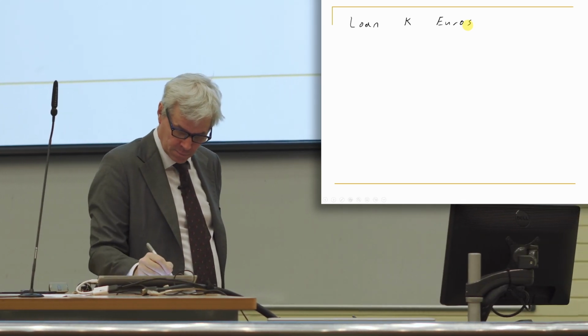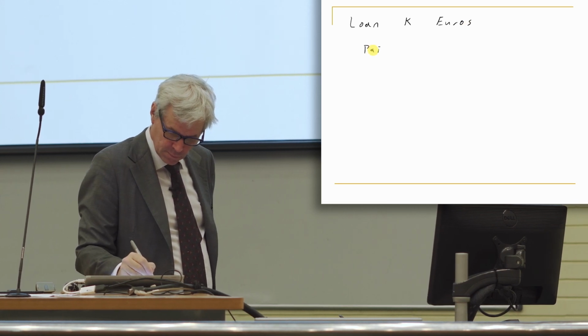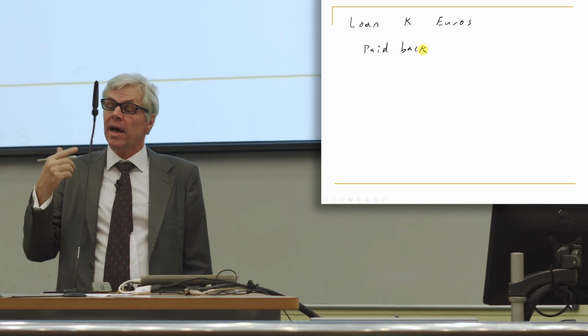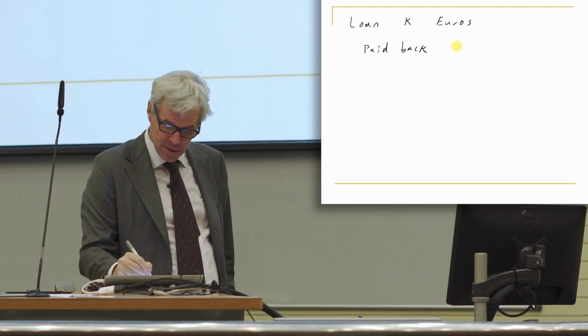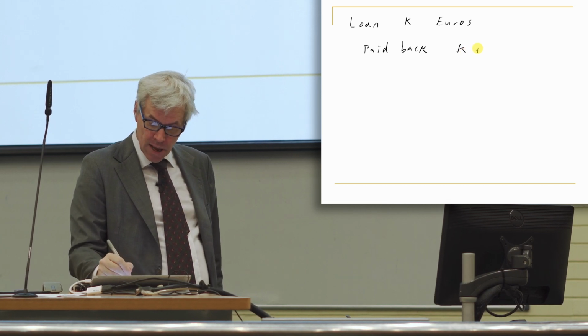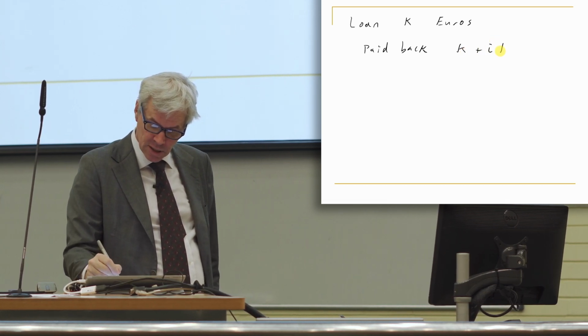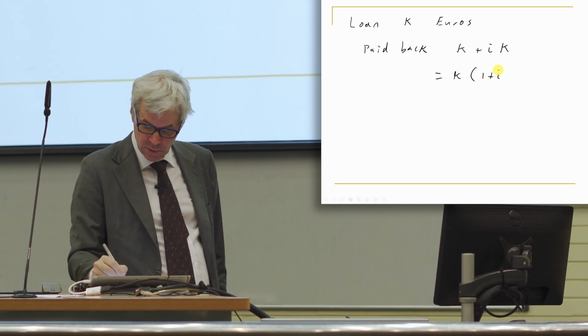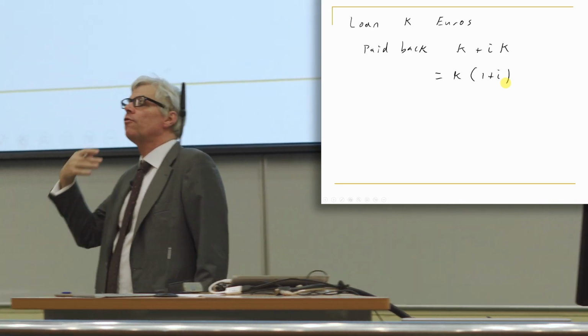So after 1 year, say, I get K back, plus I get the interest on K, which is equal to K times 1 plus i, with little i for the nominal interest rate.